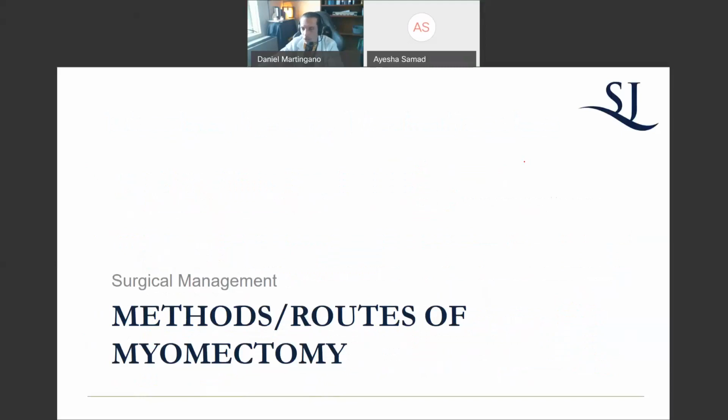Okay, and those are really your main alternatives to hysterectomy. Now, I shouldn't say alternatives to hysterectomy, alternatives to surgical management, as much as physical incision of the uterus and removal of the fibroid.